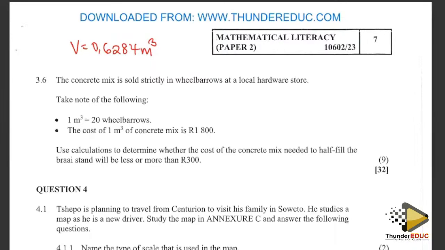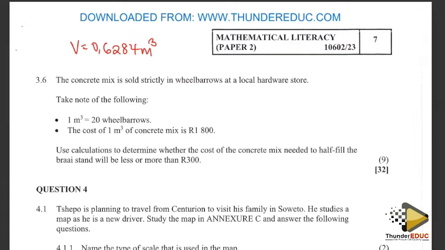Take note of the following. 1 meter cubed will need 20 wheelbarrows. Then the cost of 1 meter cubed of concrete mix is 1,800. Use calculations to determine whether the cost of the concrete mix needed for the stand will be less or more than 300.